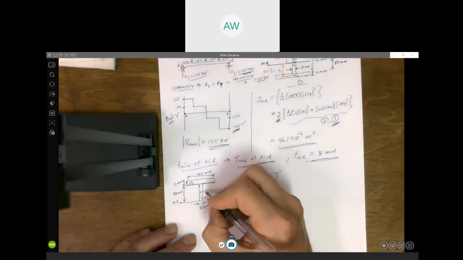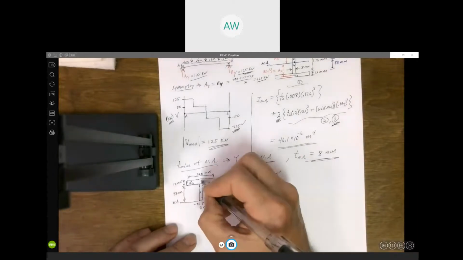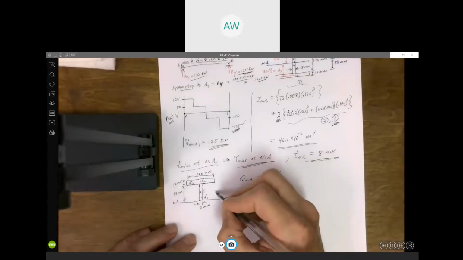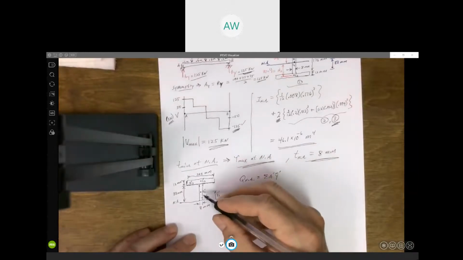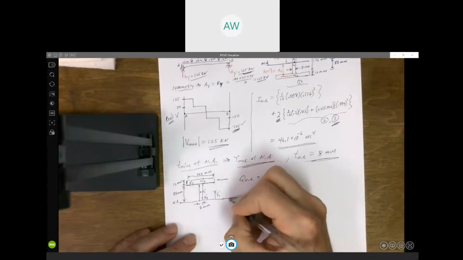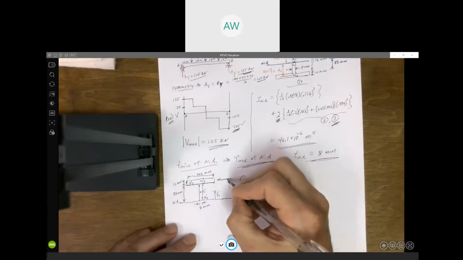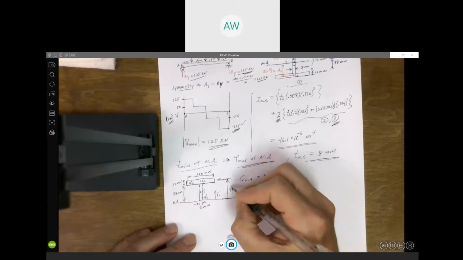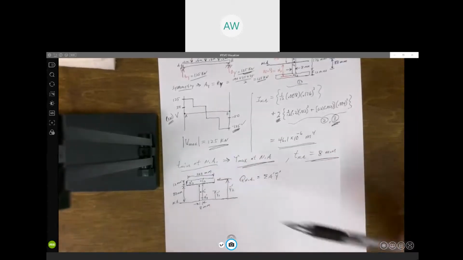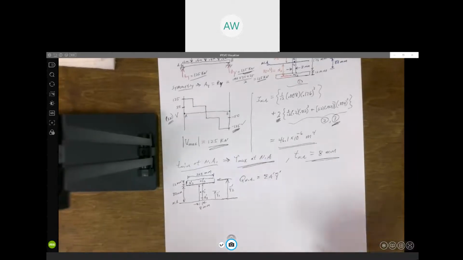We need to locate where the centroid of each of those rectangles are. That's what the y bar prime is. Y bar prime 1 is the distance from the neutral axis to the centroid of area 1. And this would be y bar prime 2, the distance from the neutral axis to the centroid of that area. And then we just add those up.